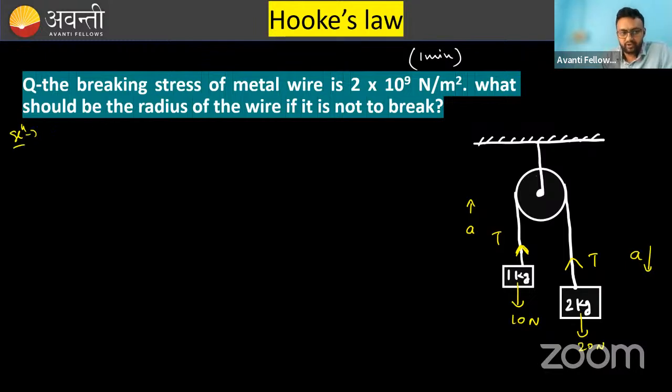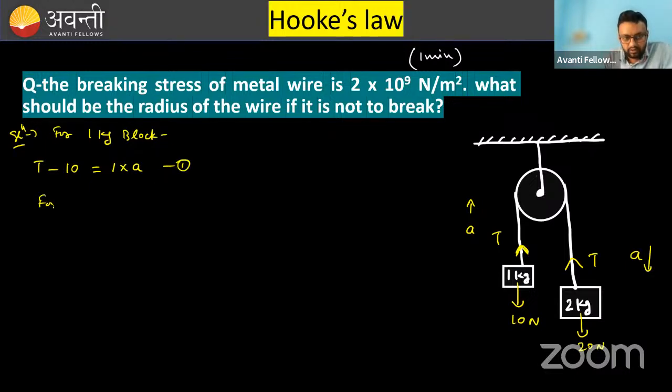So I am writing the equation for the 1 kg block. The equation will look like again the same thing. Upward force is taken as positive. T minus 10 is equal to mass is 1, acceleration is A. So T minus 10 is equal to A. This is our equation number 1.